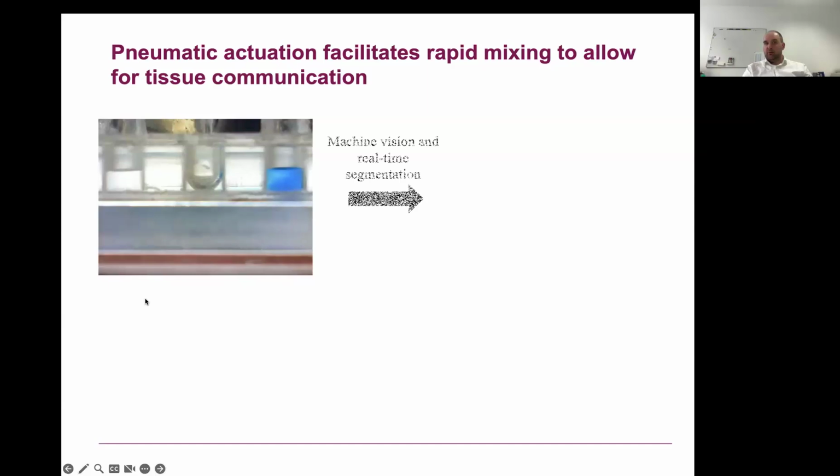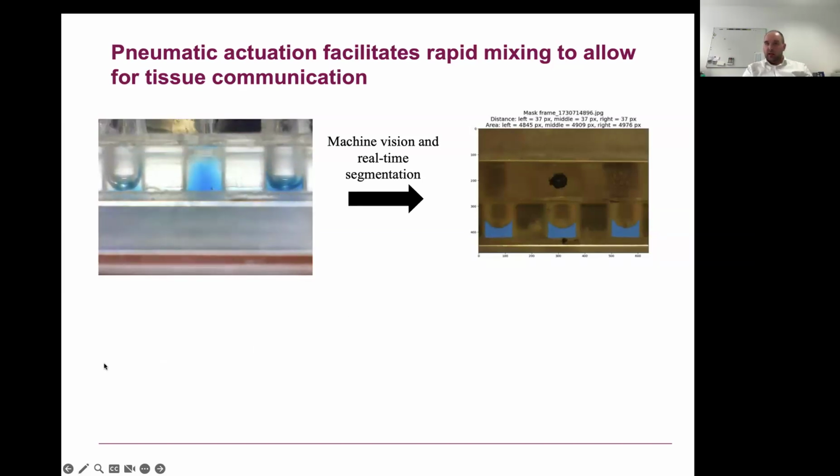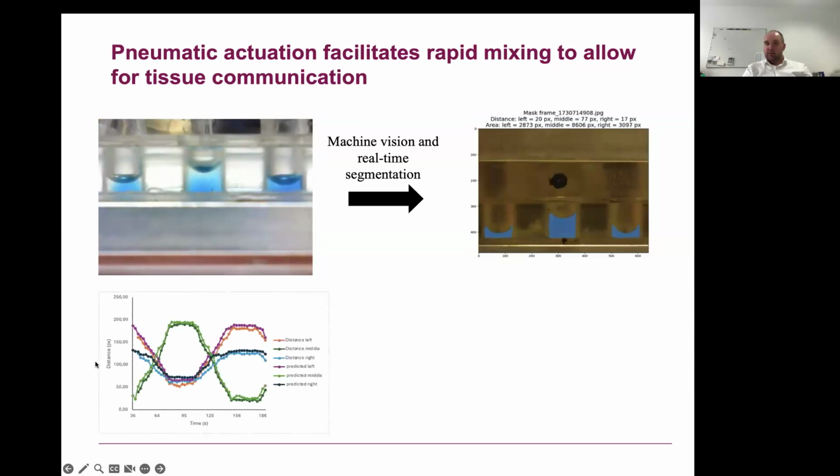We've more recently also combined this with machine vision and real-time image analysis. So now we can, every second in real time, evaluate the fill height of each one of those chambers. And this AI algorithm that evaluates these fill heights overlaps very closely with the theoretical predictions. So that works really well.